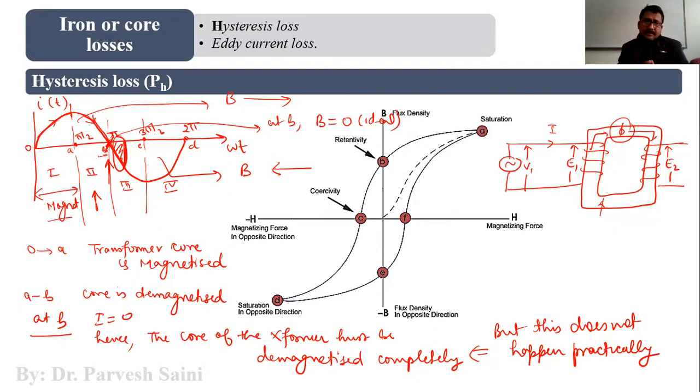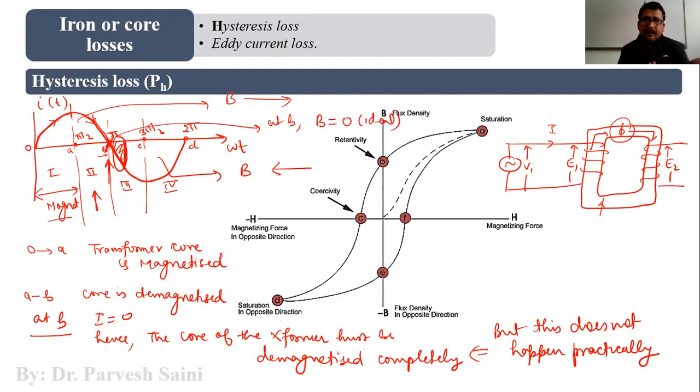Because this is a cyclic, periodic signal, this will happen again and again in every cycle of the input supply, and hence we have the hysteresis loop normally in AC magnetic circuits, for example the transformer. So it is evident, obvious, inevitable to have the hysteresis loops and hence hysteresis losses in the transformers or AC magnetic circuits.